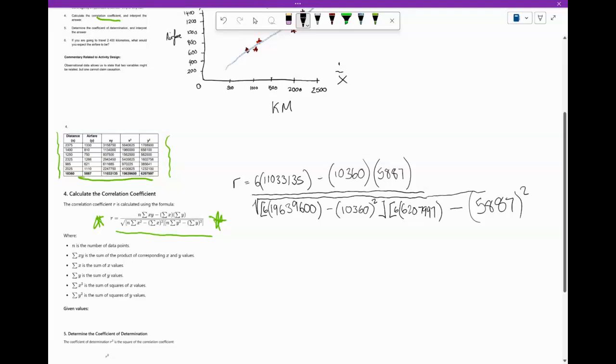Okay, so I want you guys to work that out and arrive at our correlation coefficient.